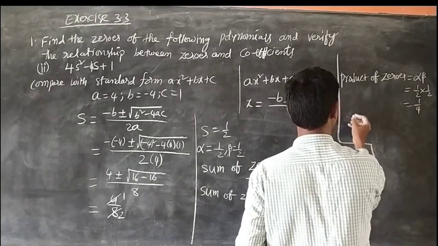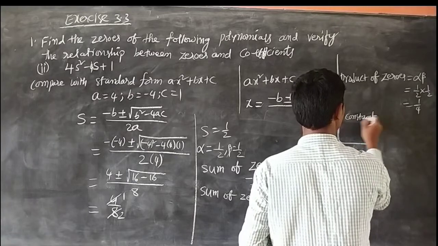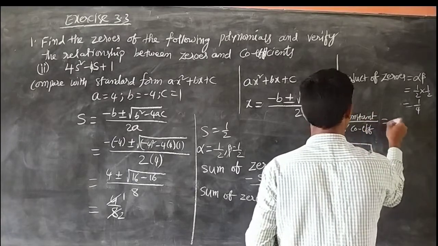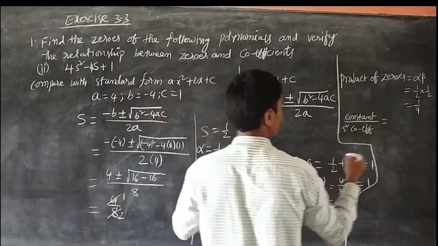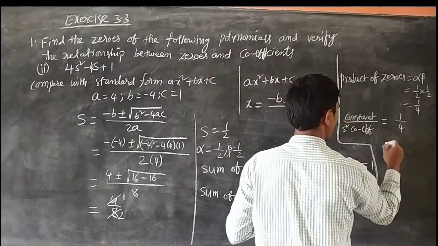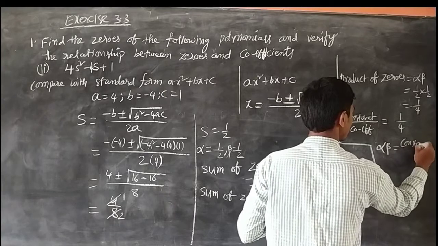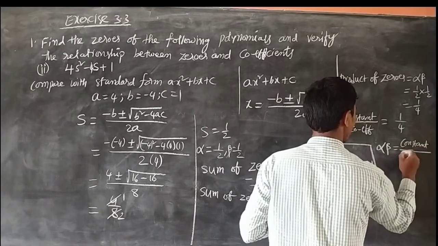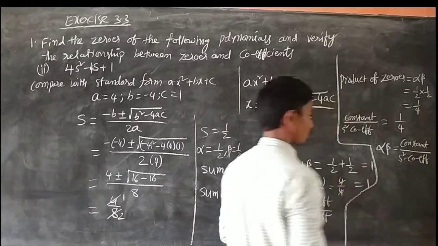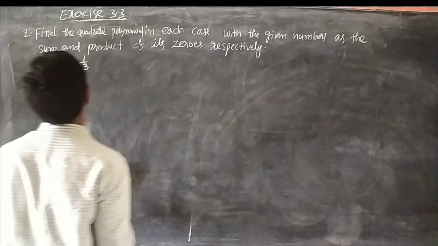Already we know a relation, constant by s square coefficient, that is equal to constant 1, s square coefficient is 4, so 1 by 4. By this, product of zeros is equal to constant by s square coefficient. So in this way we can do this problem.